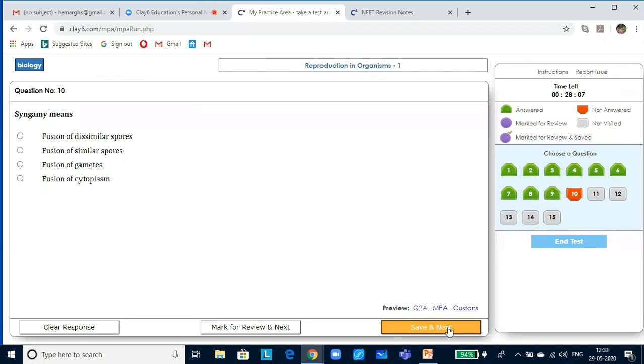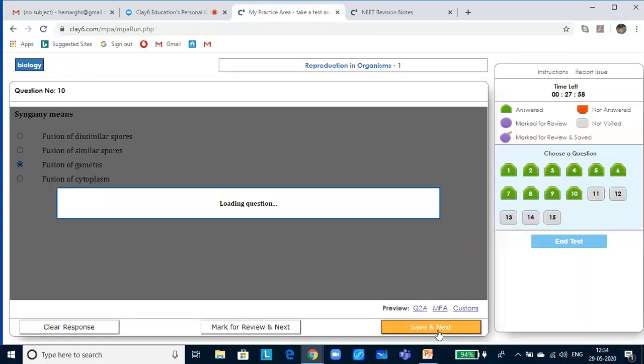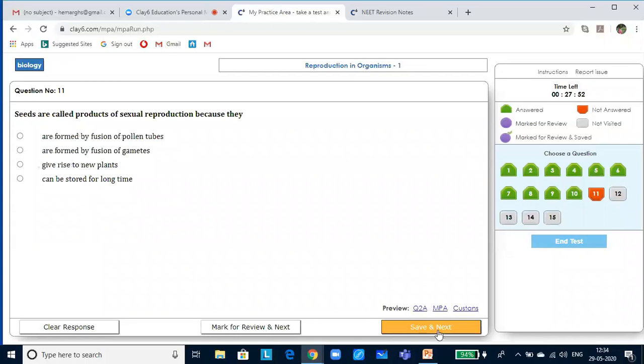Syngamy refers to fusion of gametes. Seeds are called products of sexual reproduction because they are formed by fusion of gametes.